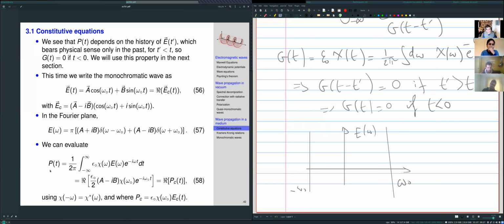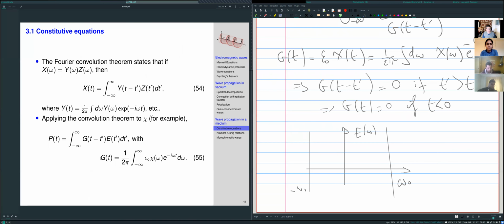So the polarization is given then by this relationship we've just derived, which is the Fourier transform of the product in the Fourier domain. So let's go back here.